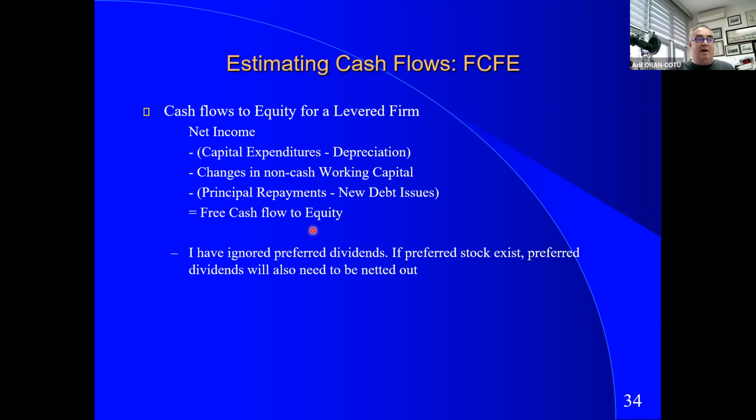So free cash flow to equity is net income, deducting for net capex, deducting for working capital, and adding back in how much of that was financed by creditors. So here, if the company has preferred shares, you would also deduct preferred dividends. But if there are none, we would leave it as is.